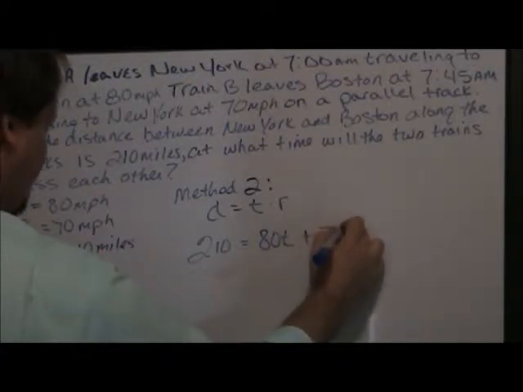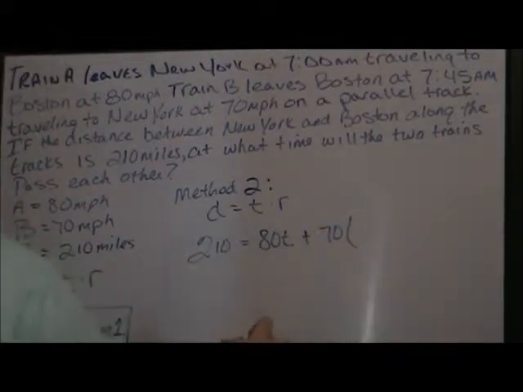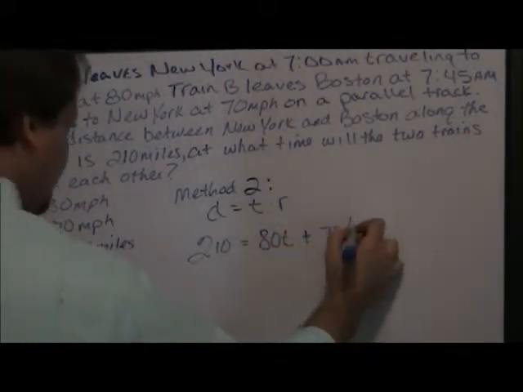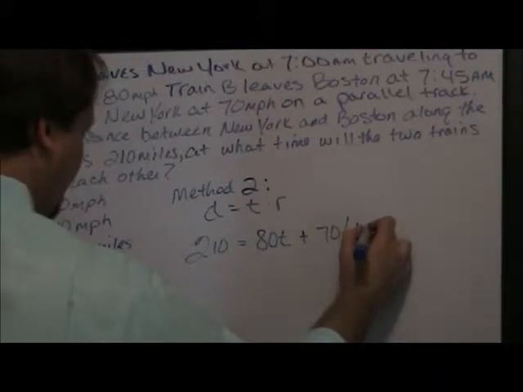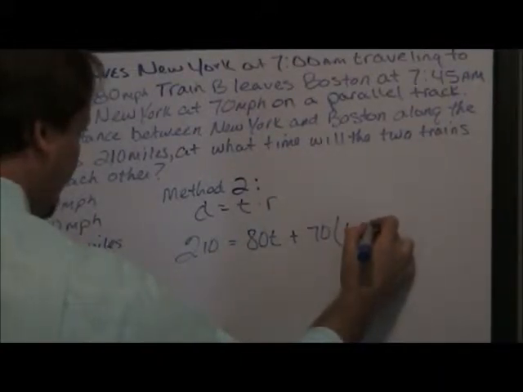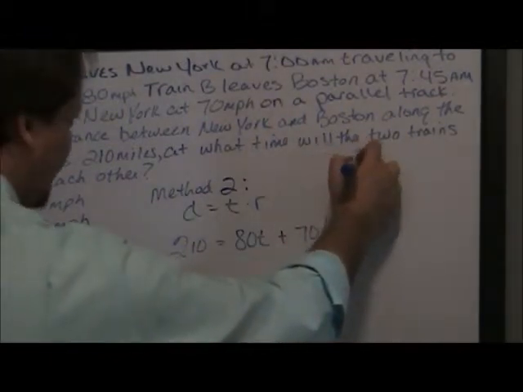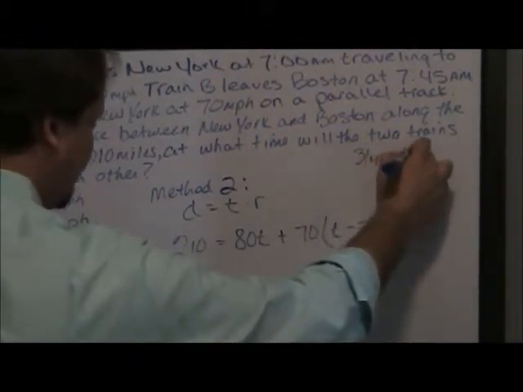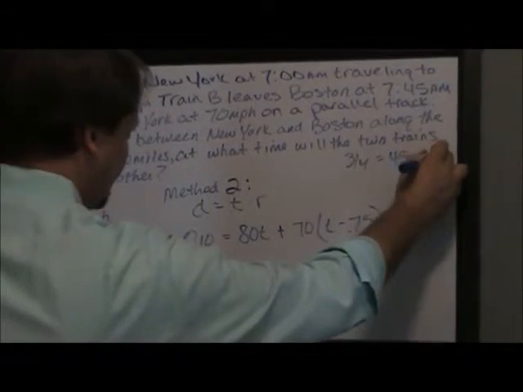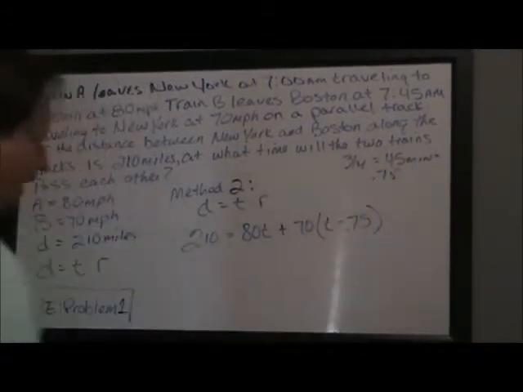Train B is traveling at 70 miles an hour, but started 45 minutes later. Remember, 3/4 of an hour is the same as 45 minutes, is the same as 0.75.